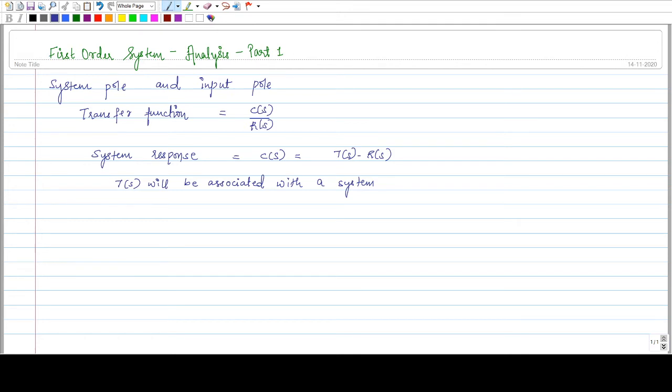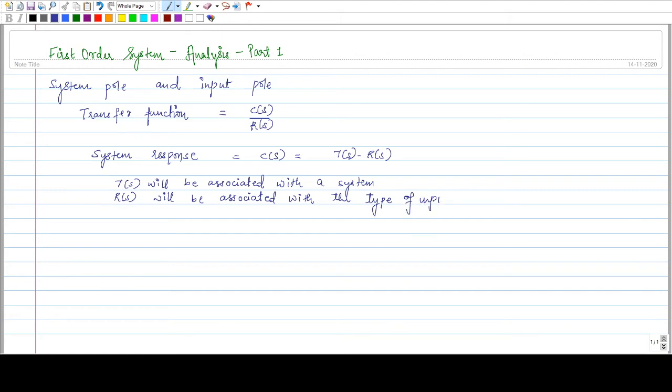And R of S is dependent on what type of input we are giving. R of S will be associated with the type of input.